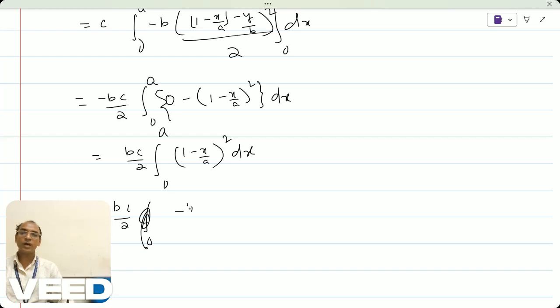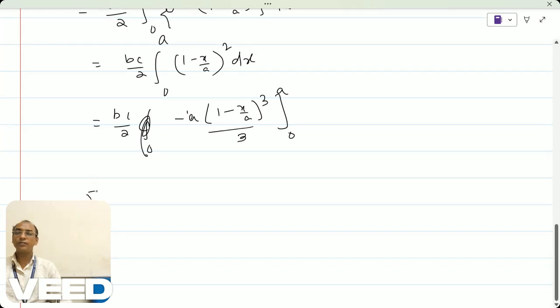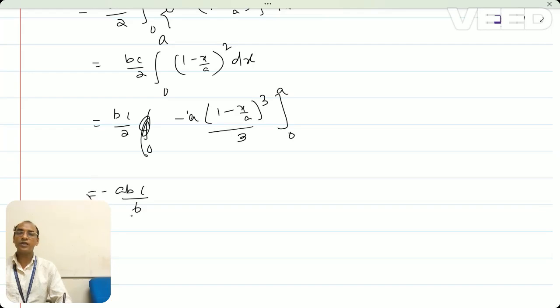So that will be minus a into 1 minus x by a to the power 3 all divided by 3, and the limits are 0 to a, and so what I will get here is minus abc by 6.